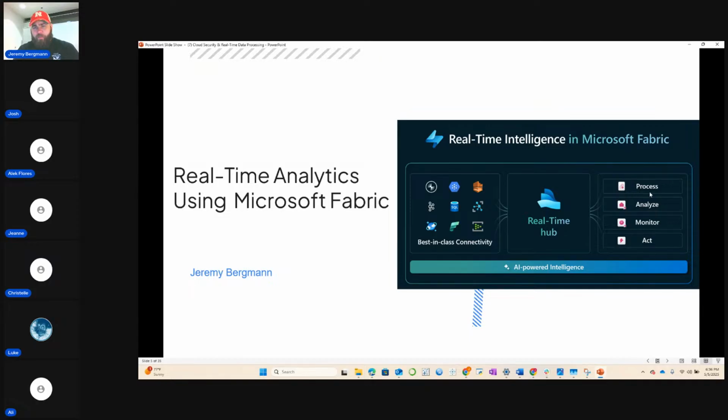So the key components are being able to process data in real time, or at least near real time, and maybe it's also a high volume of data. And then, in real time, being able to analyze it. So using KQL, that language, you'll see a little bit of that in action. It's a little bit different than SQL, specifically made for real-time and streaming data sets.